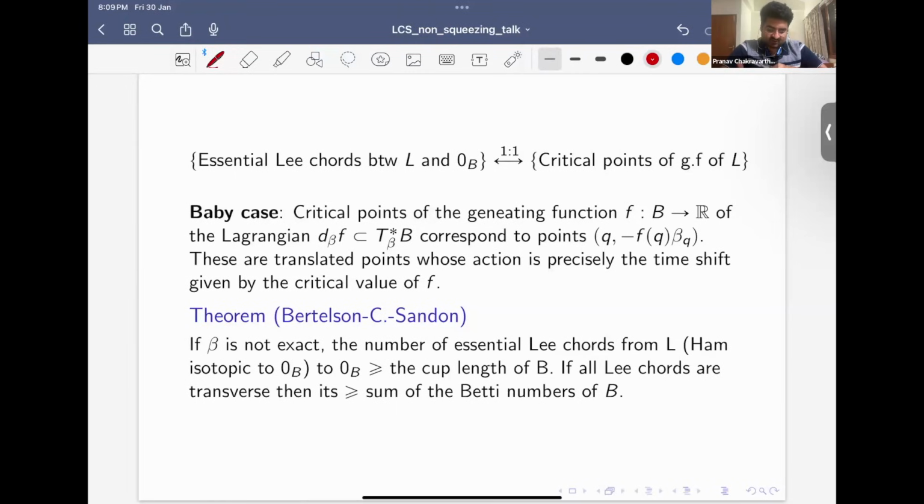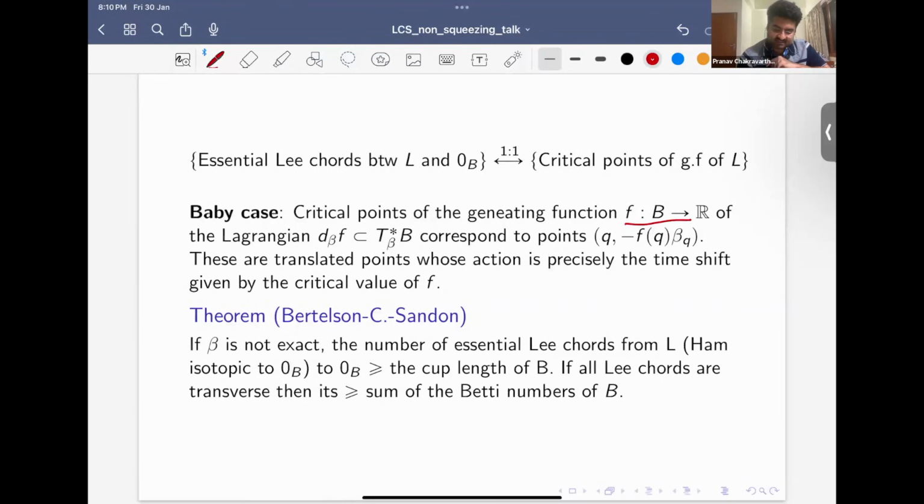And an easy case where we can see this is, suppose we have a generating function just on the base manifold and not on a vector bundle, then the twisted differential is a Lagrangian inside the twisted cotangent bundle.